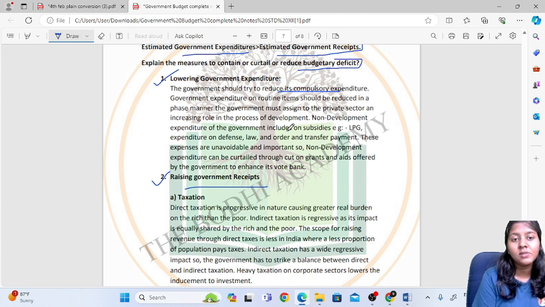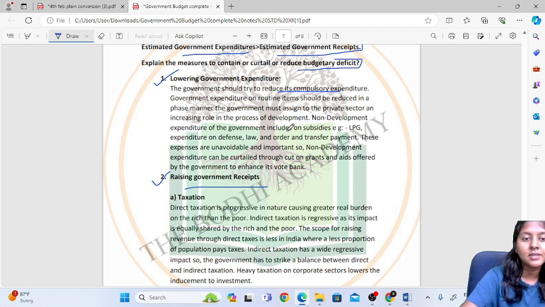These expenses are unavoidable and important. So non-developmental expenditure can be curtailed through cuts on grants and aids offered by the government to enhance its vote bank. Okay, so this is how a government can lower its expenditure.